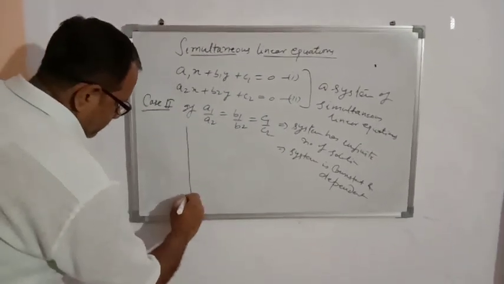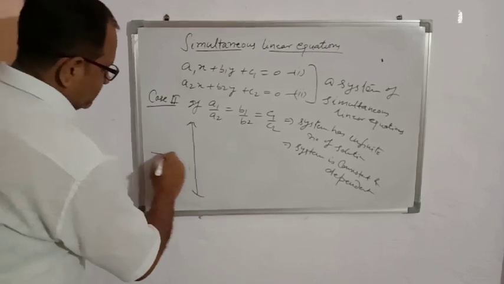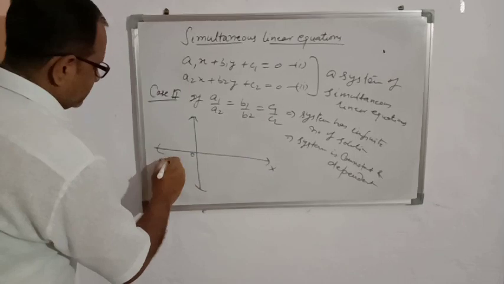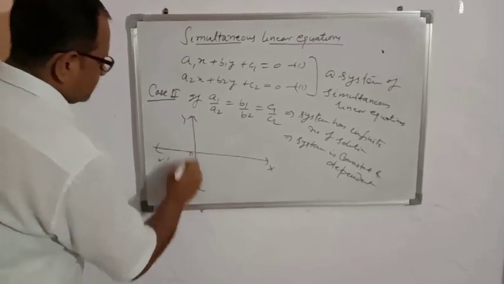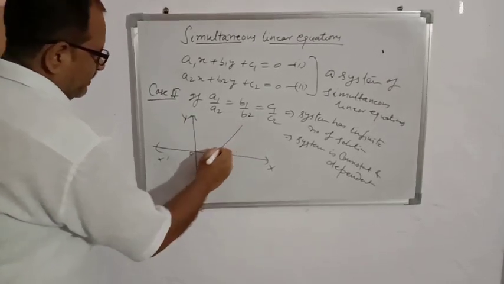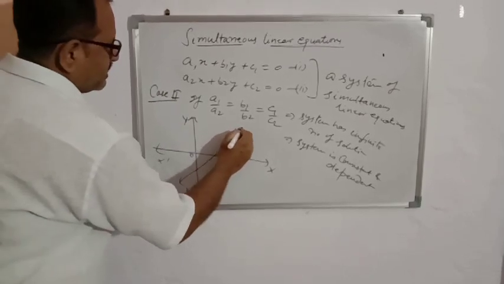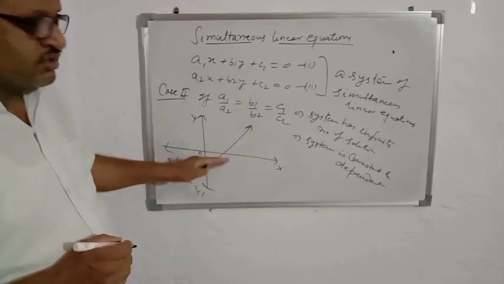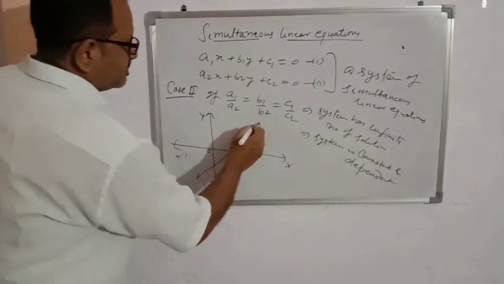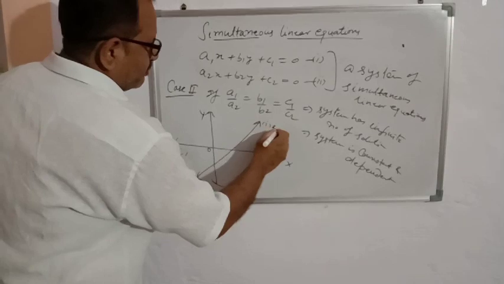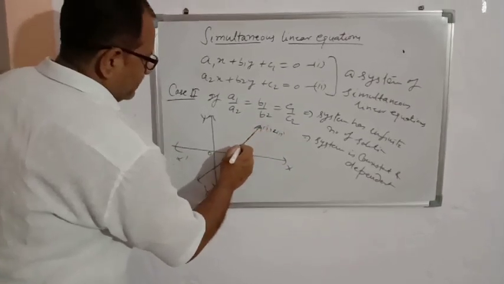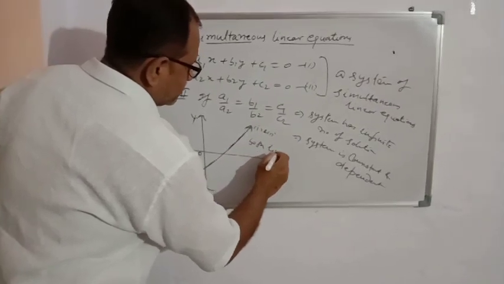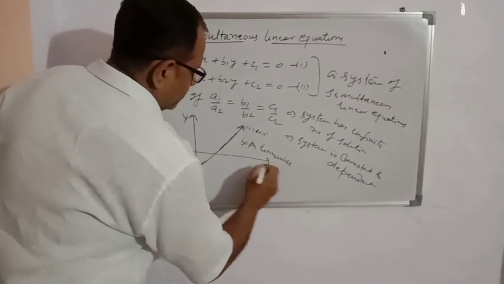If we plot the graph in this second case, taking x-axis and y-axis on the graph sheet, we will get the same line for both the equations. Means both lines will coincide.